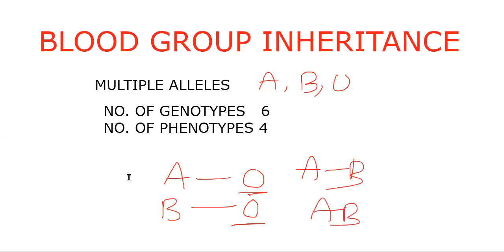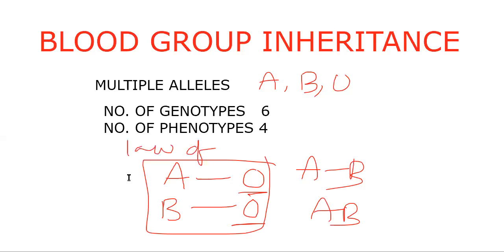In this case, A is dominant over O and B is dominant over O, which proves the law of dominance. So up to some extent, blood group inheritance follows the law of dominance.